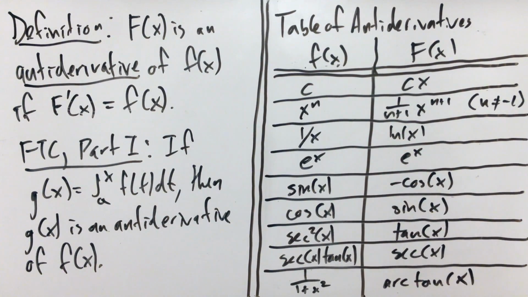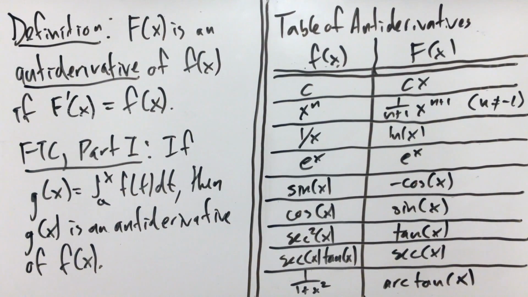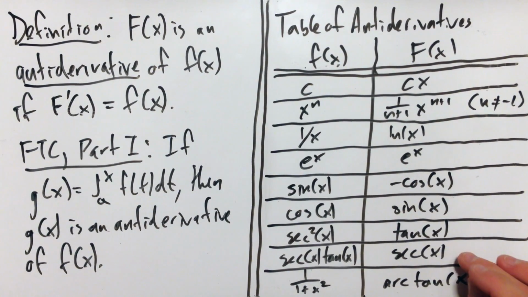An antiderivative of secant squared is tangent. An antiderivative of secant times tangent is secant. And finally, an antiderivative of 1 over 1 plus x squared is arctangent. So already we can evaluate a lot of cumulative area functions. We can already evaluate a lot of definite integrals because we have this table.